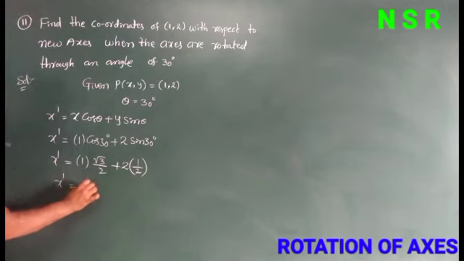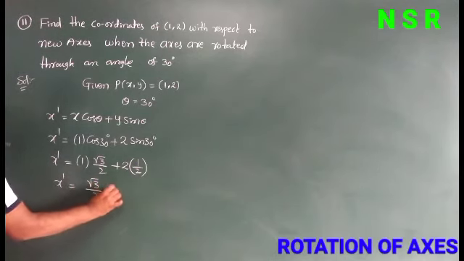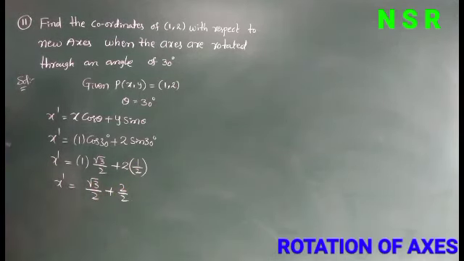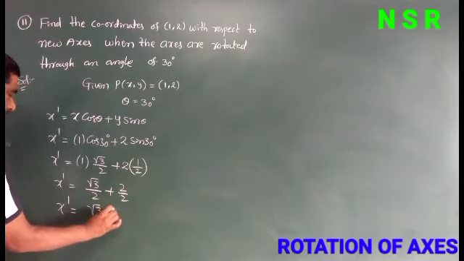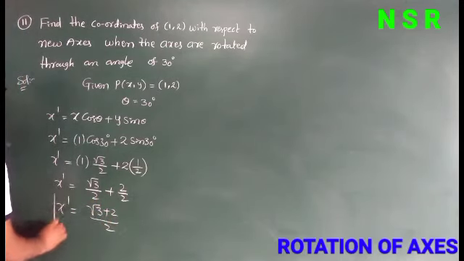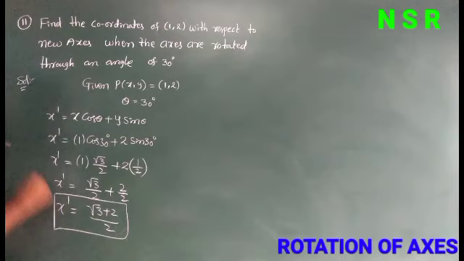So x dash equal to root 3 by 2 plus 2 by 2. Don't cancel the 2 here, because if you cancel it, we again get the same value. The LCM is 2, so we can write root 3 plus 2 by 2. This is the x dash value.